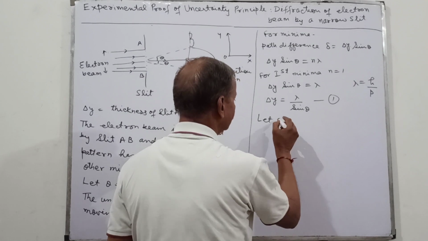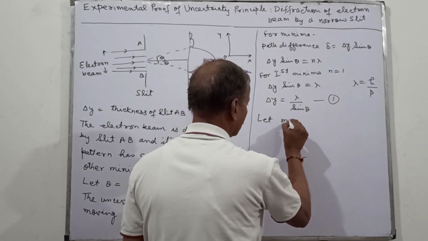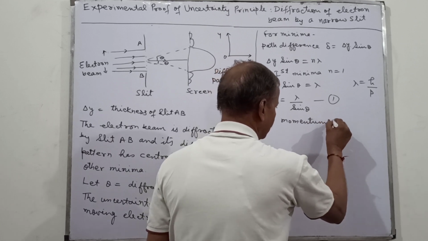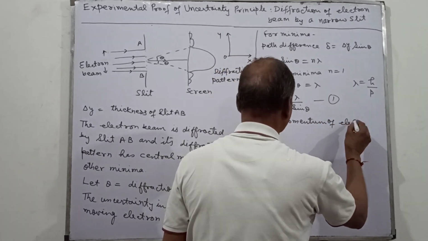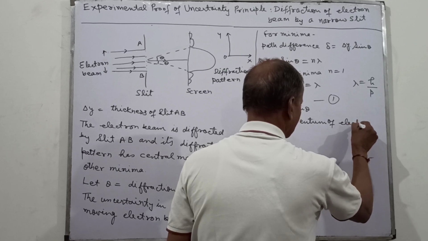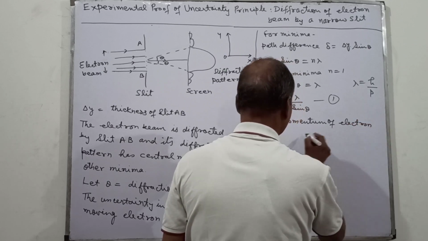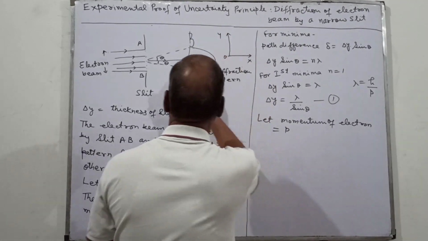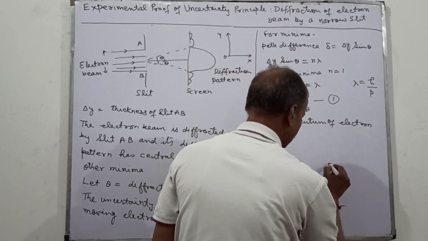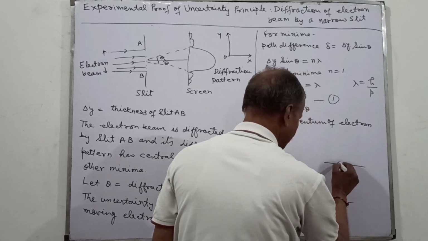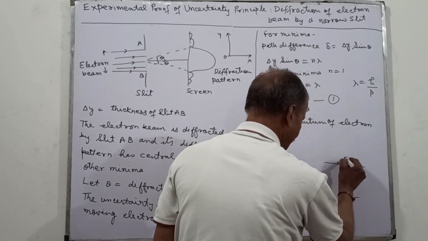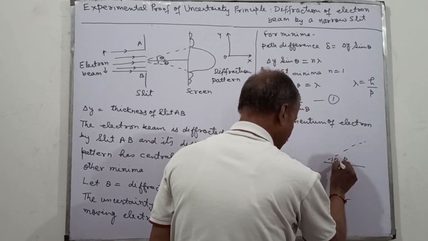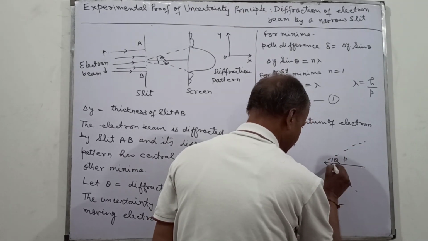Let momentum of electron be P. So now we have this beam in this way, so we can resolve it into two components. This is the momentum P in this direction, this is now angle theta, and this angle is also theta.